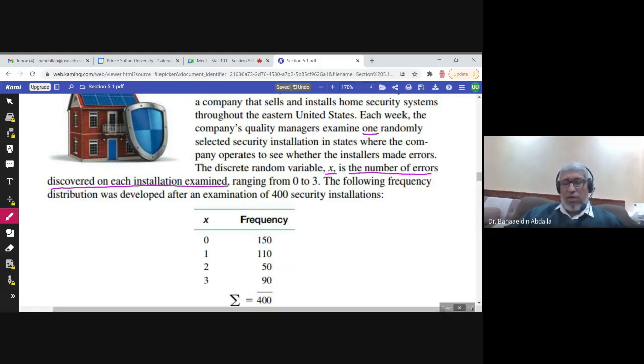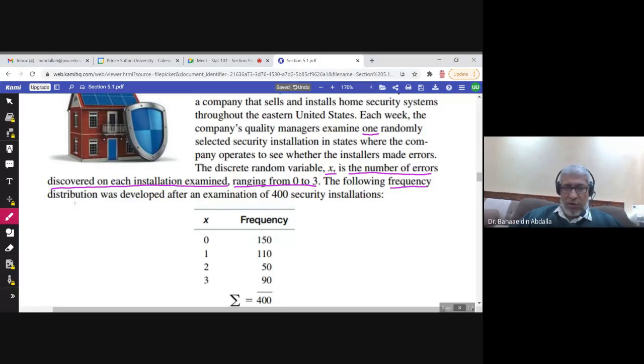So each week he will examine a security installation and the number of errors would be recorded, ranging from 0 to 3. So the errors cannot be more than 3, cannot be less than 0. So what are the possible values of x? 0, 1, 2, 3.